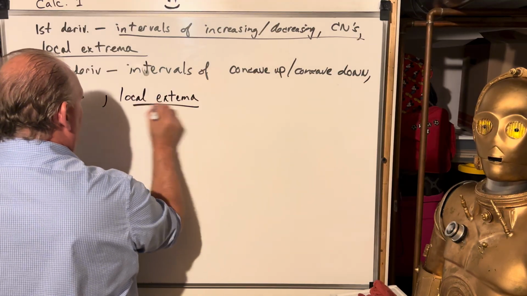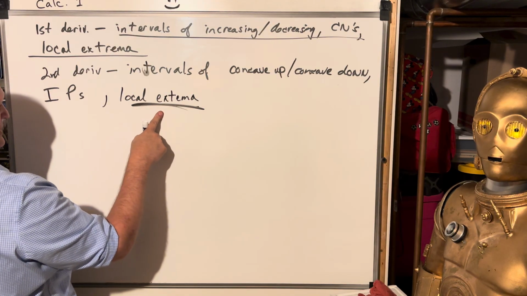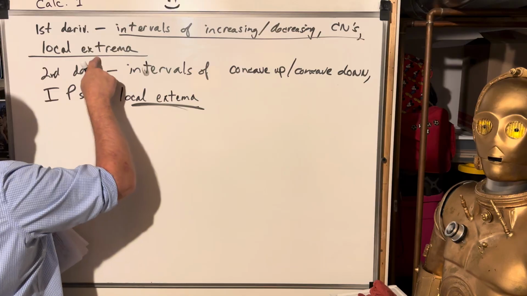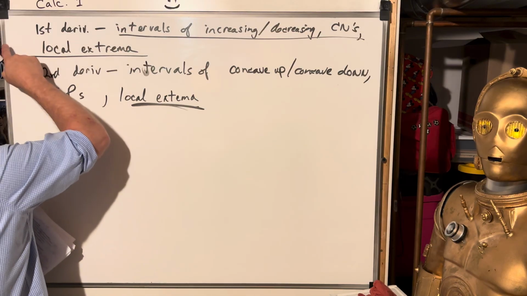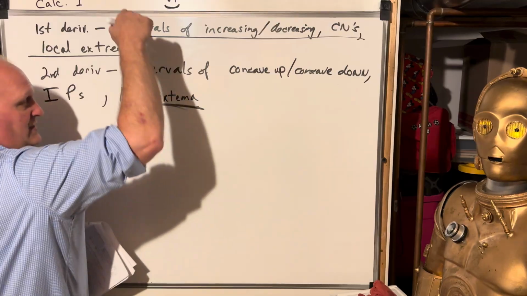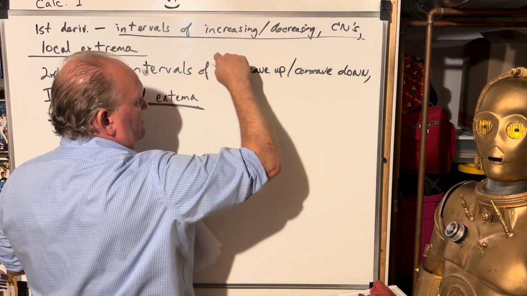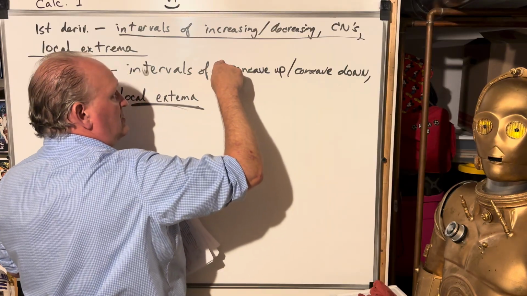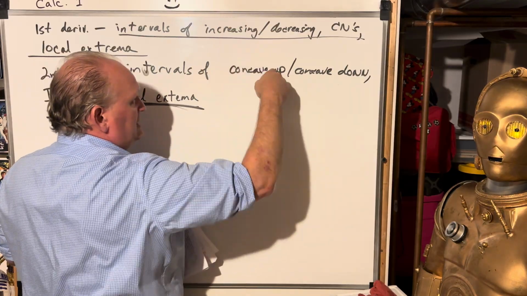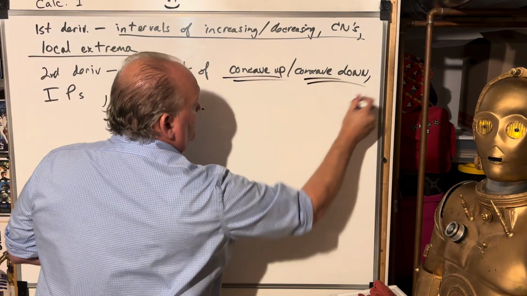Ooh, so see, we could just use the second derivative to find if it's a local max or local min, or we could do the first derivative and just check on either side of our critical number to see if it's increasing or decreasing. If we get a decreasing and then an increasing, then we know it's a local min. If it's increasing and then decreasing, we know it's a local max, but we could do the same thing with concavity.